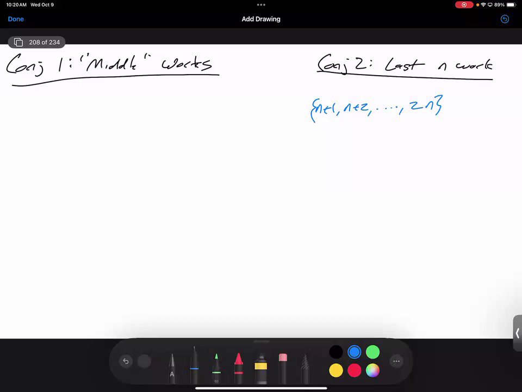Is it possible that any number in that list divides another number in that list? Well, for this list, if I have n plus 1, n plus 2 all the way up to 2n, is it possible that one number divides another?